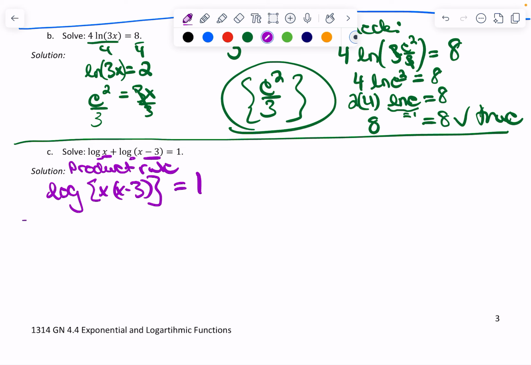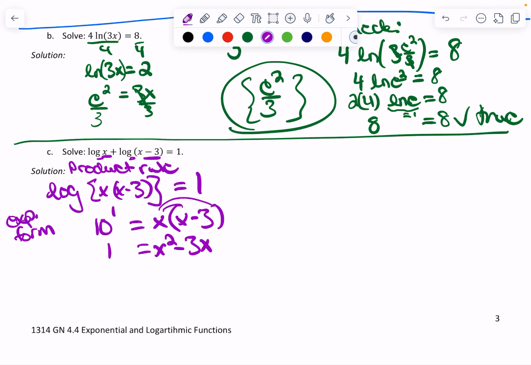Now we're going to write it in exponential form. Common log, the base is 10. 10 to the power of 1 equals x times x minus 3. We distribute: x squared minus 3x equals 10. Oh, fun times. We're going to subtract the 10 from both sides. So I'm going to flip it over so that I have x squared minus 3x minus 10 equals 0.